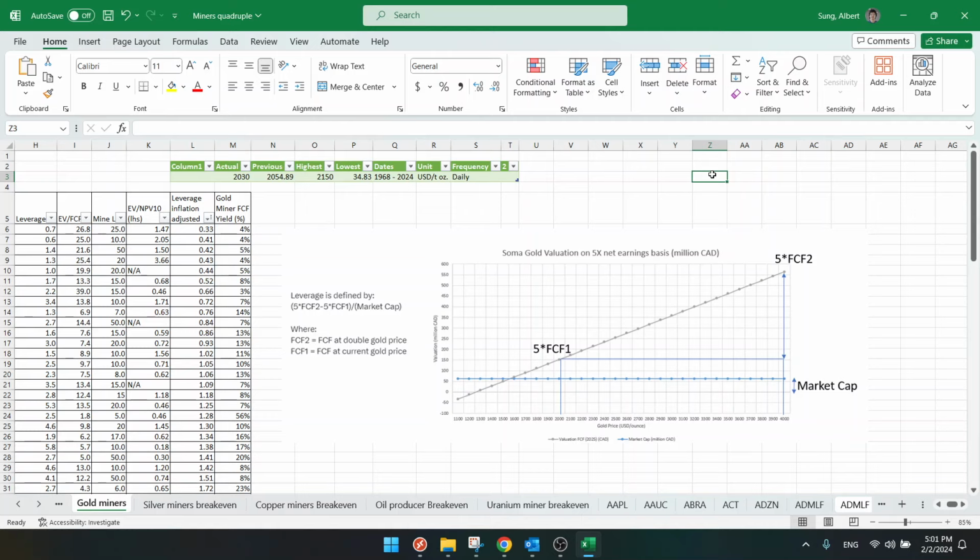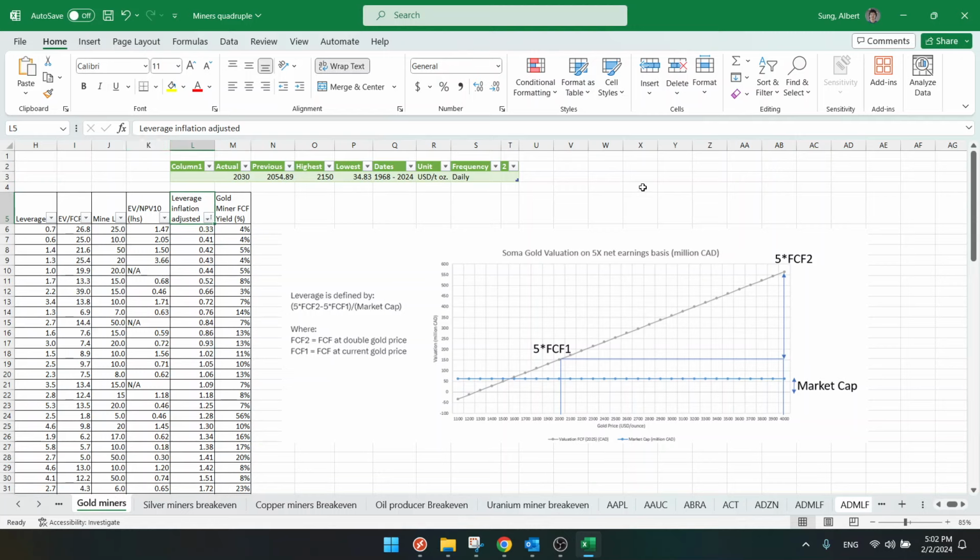So to account for that, I have introduced a new value, a new parameter, and that's called the inflation adjusted leverage.